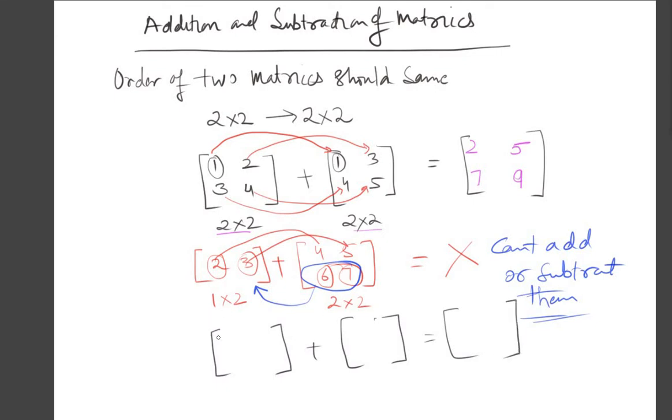Let's say my elements are -1, 2, -3, 4, and here I've got 6, -5, -2, and let's say -1.